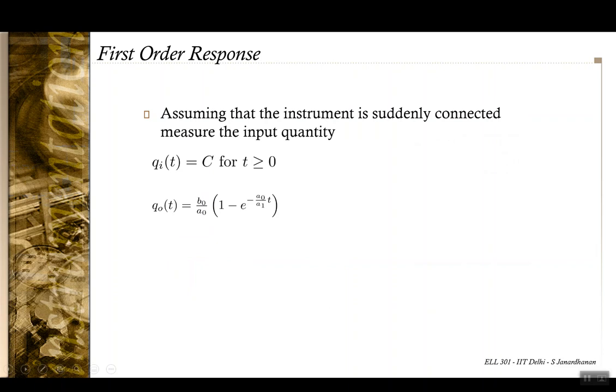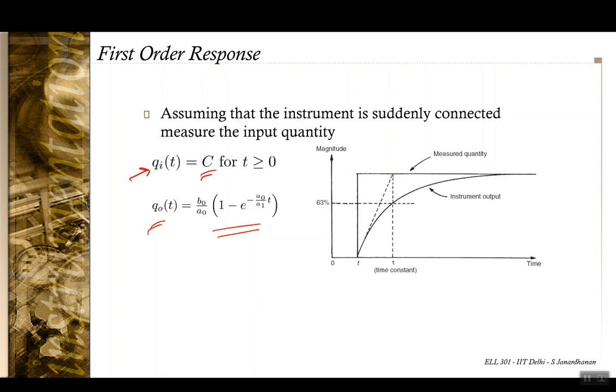Now assume such a first order instrument is connected suddenly to an input quantity. Okay, then what would happen? If the input quantity is a constant c, then for the type of relationship described in the earlier slide, the output quantity will be described by this time function.